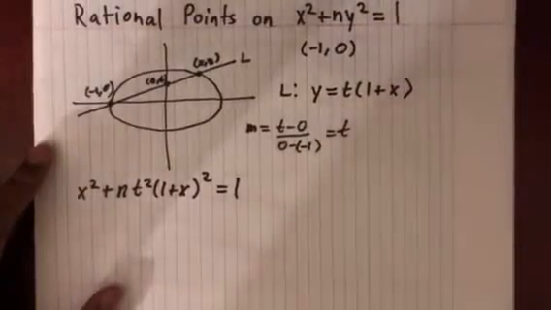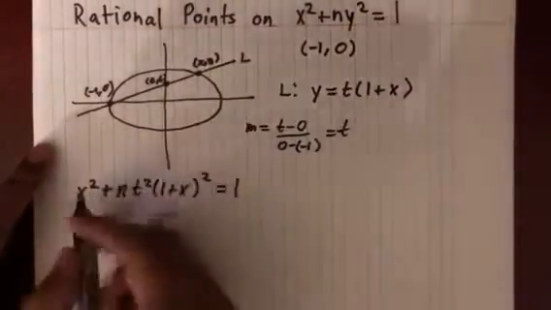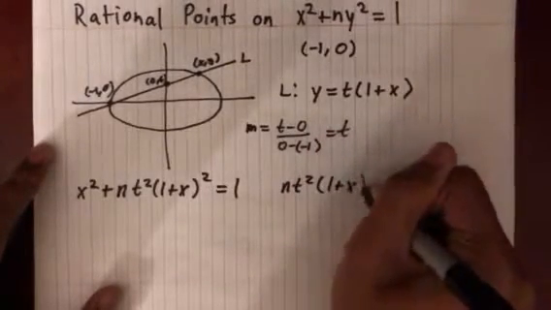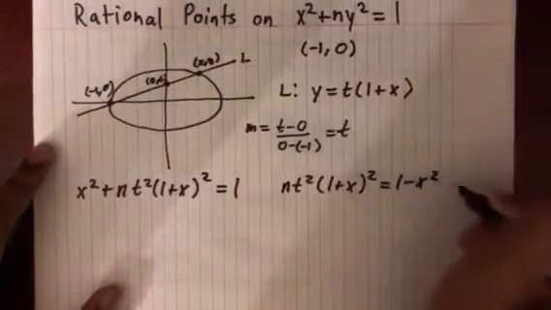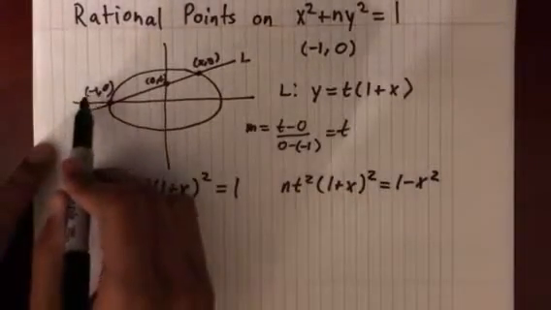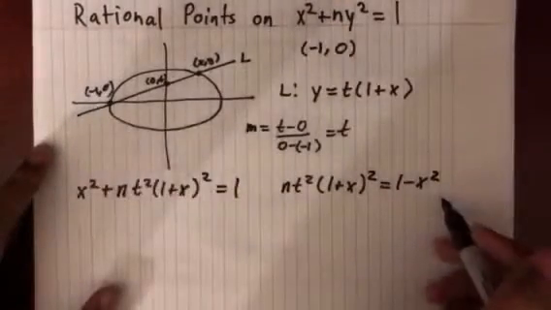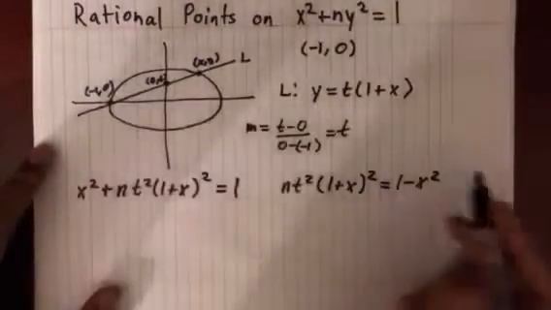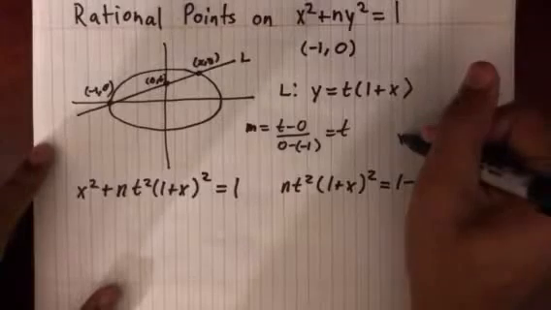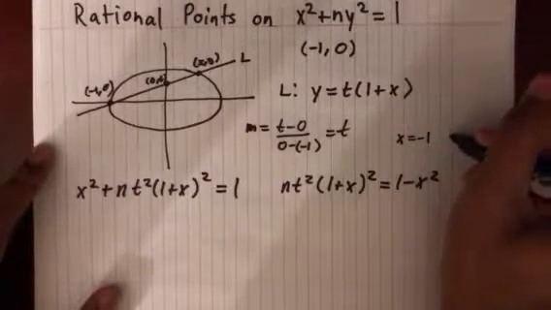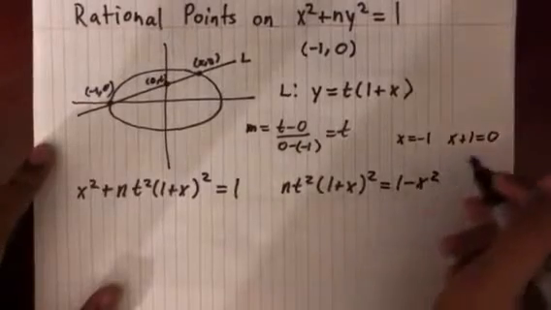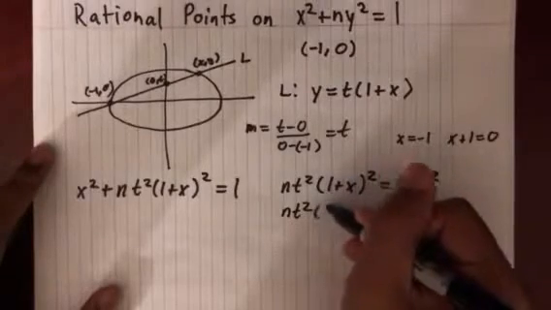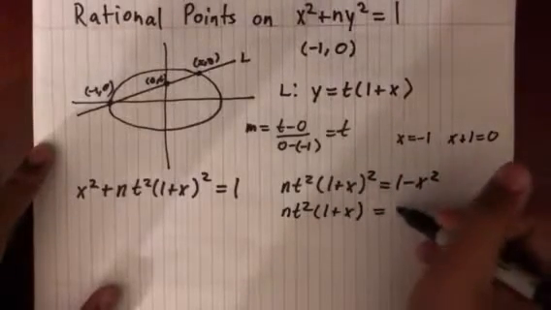Now, we want to solve for x, so we move the x squared over, and we get that. Now we know that negative 1 is a solution. For fixed t, this is a quadratic in x, so we can factor out the solution x equals negative 1, which is x plus 1 equals 0. Then we get 1 plus x equals 1 minus x.